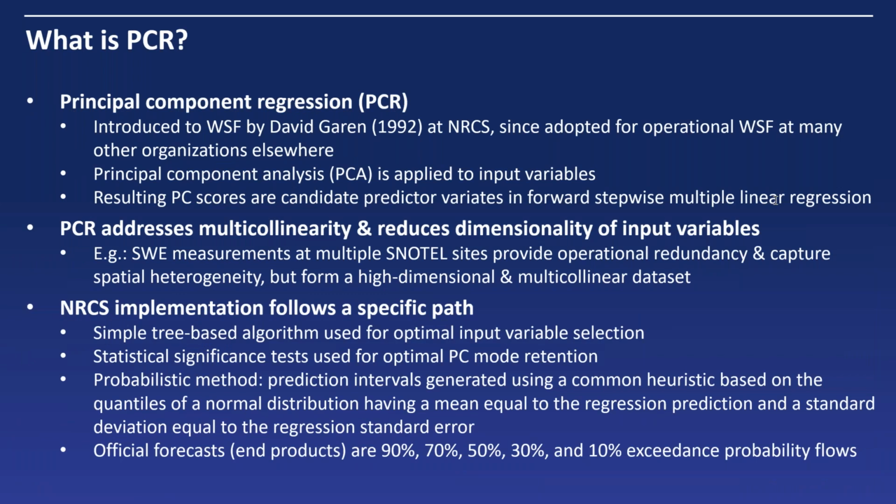PCR is basically two more or less separate steps. The first is a principal component analysis applied to the input variables, and then the results from that are used as candidate predictors in a forward stepwise multiple linear regression. The advantage of this over conventional regression is that it addresses multicollinearity issues and reduces the dimensionality of the input variables, and that's quite important for typical WSF applications.